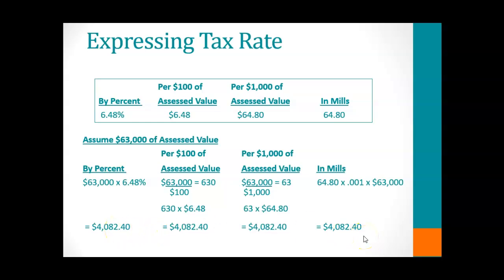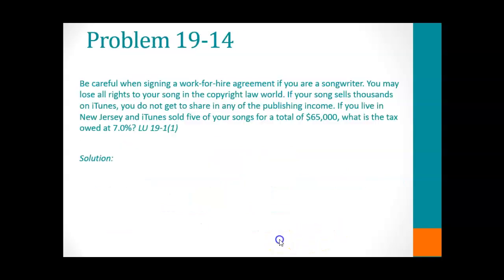It's just that when you get that property tax bill, it could say based upon a percent, assessed value per 100, per 1,000, or in terms of mills. But either way, it'll give you the same end result of $4,082.40.